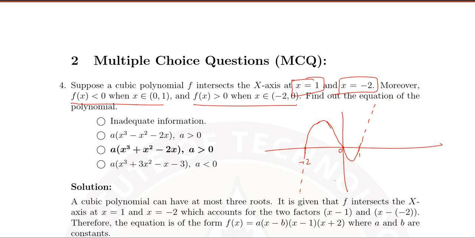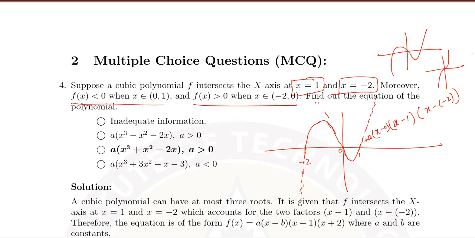From the given condition, x minus 1 is one factor, and x plus 2 is another factor. Since it is going through 0, it can be of the form x minus 0 as another factor, and a constant, let's say a. Now this a determines the peak value of this. This can be more and this can be less, or more here, less here, or whatsoever.